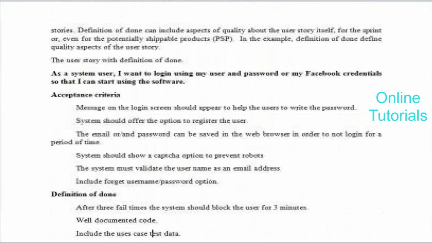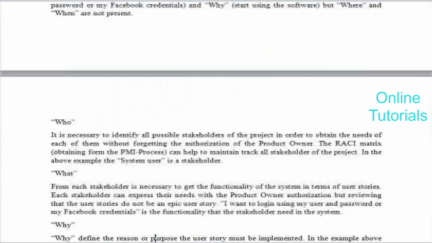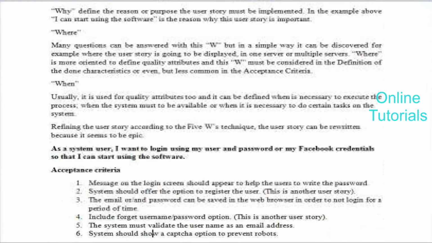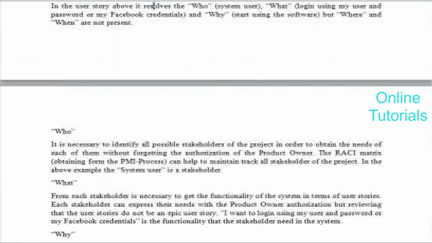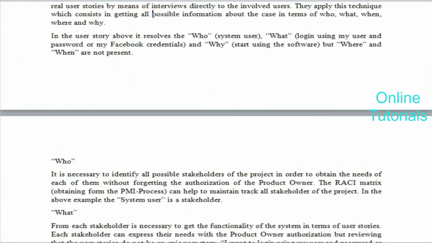The 5W technique is very simple. First W is who, second is what, third is why, fourth is where, and fifth is when.